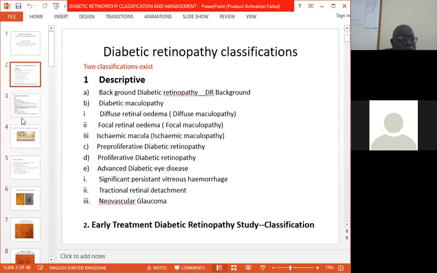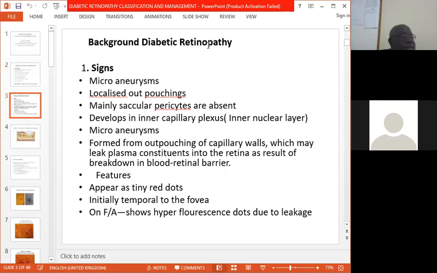So we're now going into a bit more detail to look at the background diabetic retinopathy. What is there? You've got small aneurysms. How do the aneurysms form? I think I explained, where there is ballooning of the endothelial layer of the small capillaries. Those are the microaneurysms, localized outpouching from the capillaries.